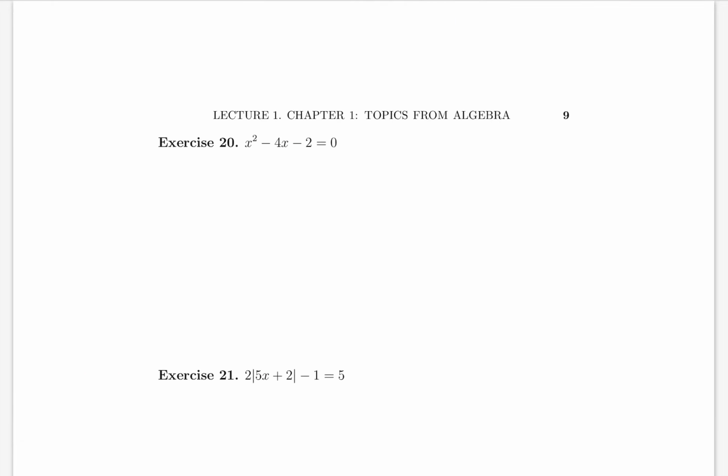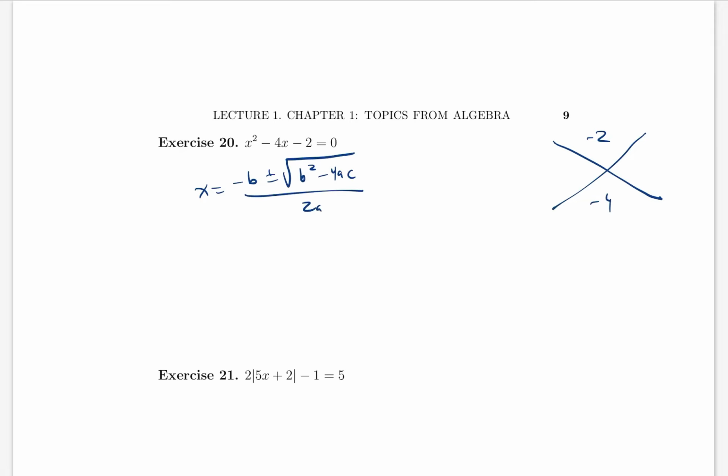For this example, you want to try to factor, but you'll see that it's not going to be possible to come up with two numbers whose product is -2 and whose sum is -4. It just doesn't exist. So in those situations, you're going to have to apply the quadratic formula, which is -b plus minus square root b squared minus 4ac all over 2a.